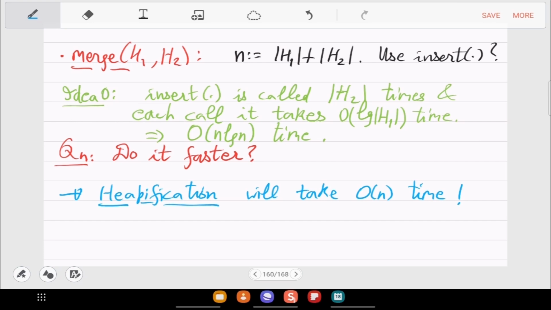So here the idea will be to turn any array into a heap and carefully analyze the time.